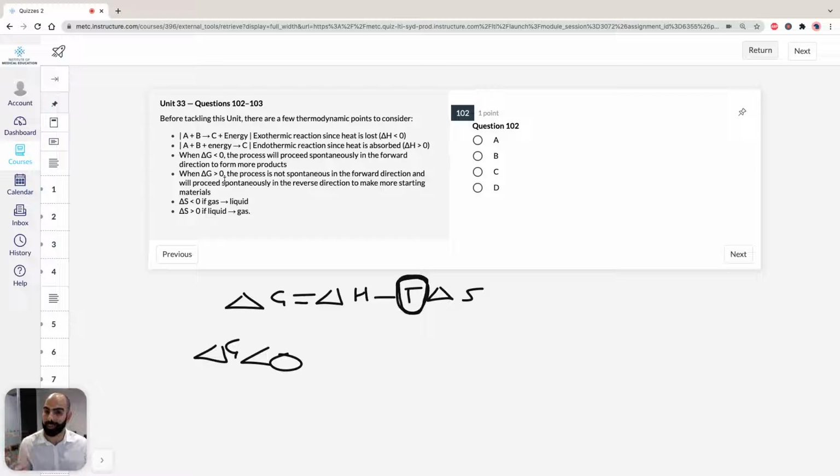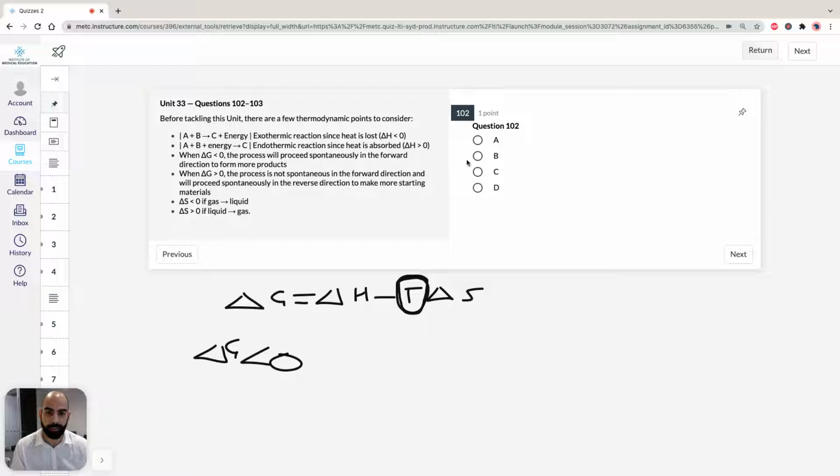Whereas the opposite is seen here. It won't be spontaneous, and it'll go in the reverse direction to make more starting materials. Just take note here as well of entropy. If the entropy is less than zero, it's going to be more ordered. Whereas if the entropy is greater than zero, you're going to get more disorder and more randomness, if you want to put it that way.